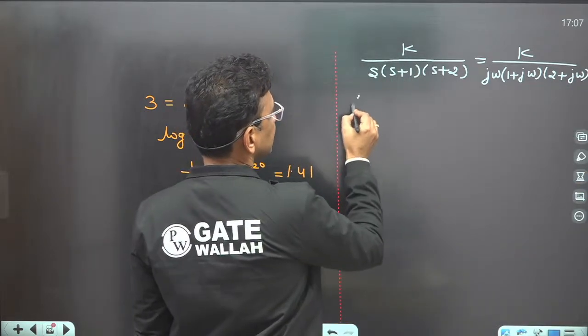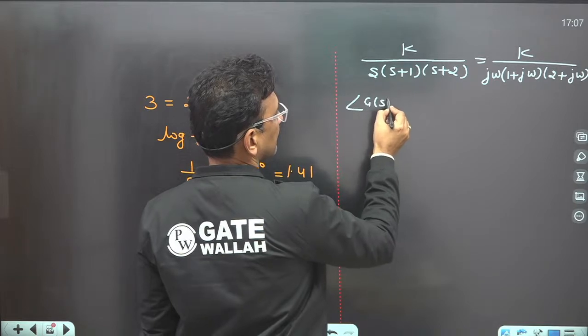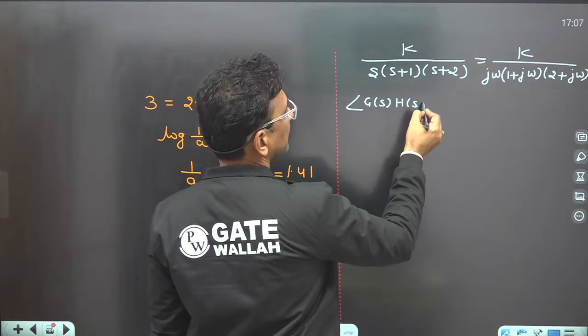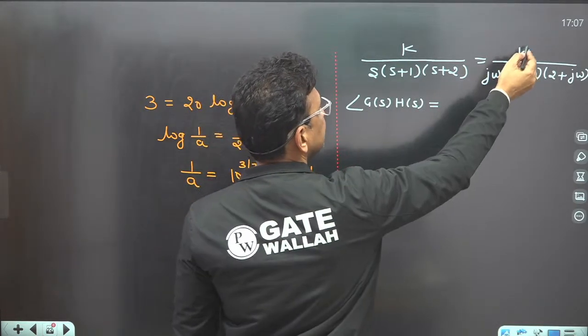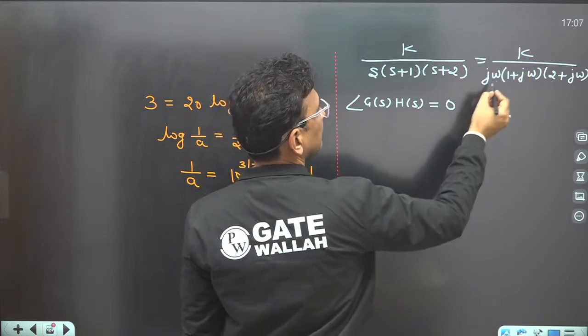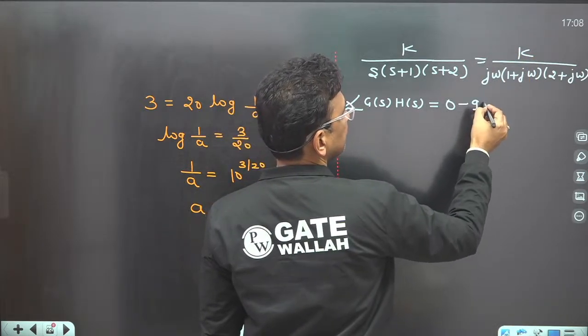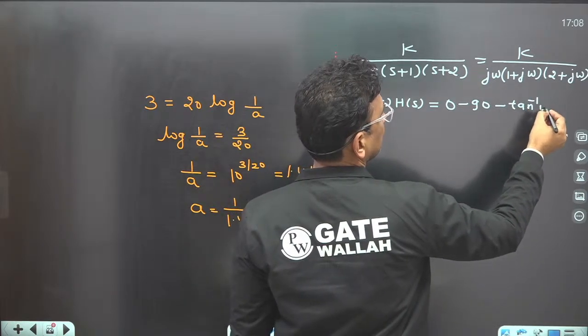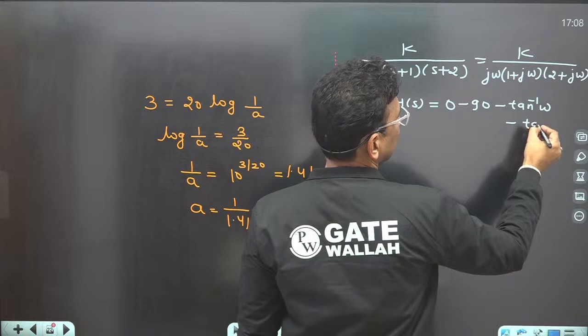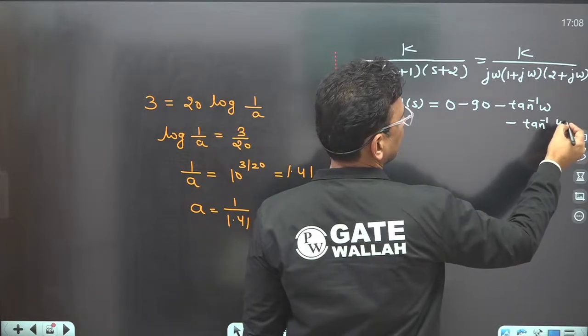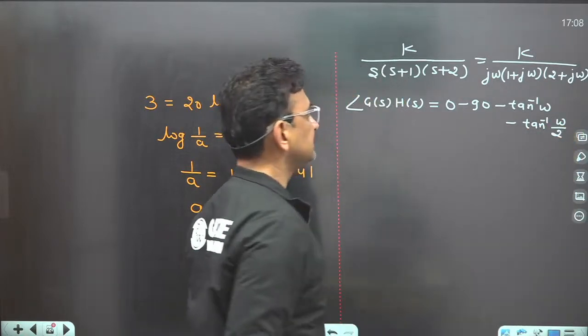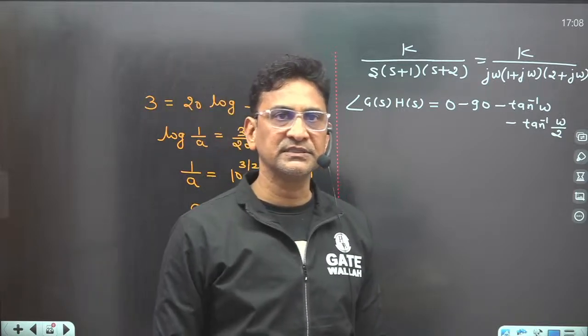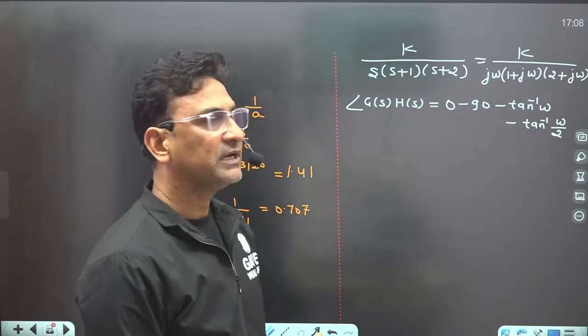Now what is the phase angle at any omega frequency? The phase angle of the numerator is 0. The phase angle of j omega is minus 90, minus tan inverse omega, minus tan inverse omega by 2.